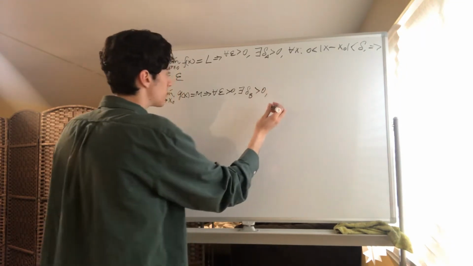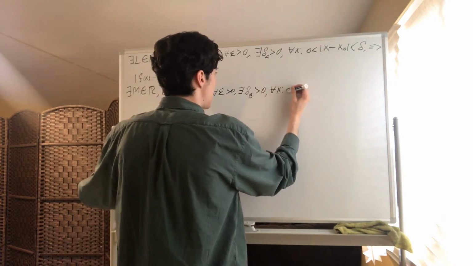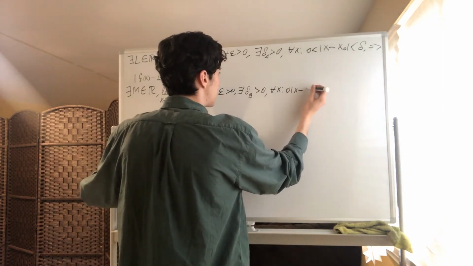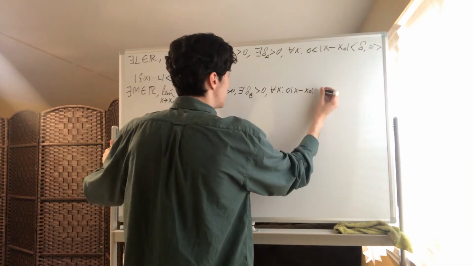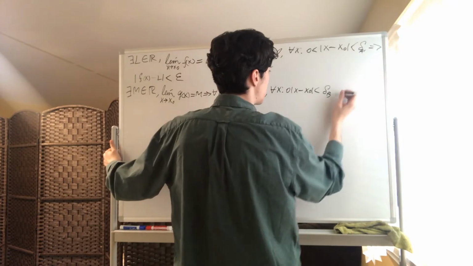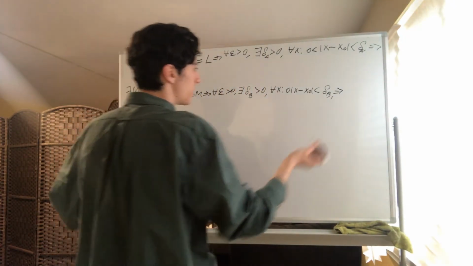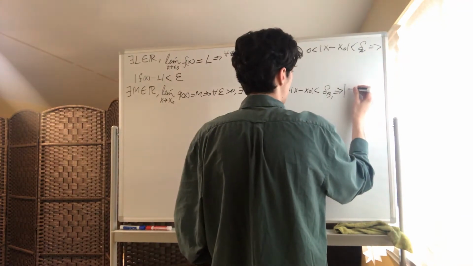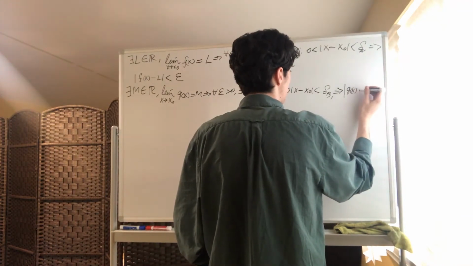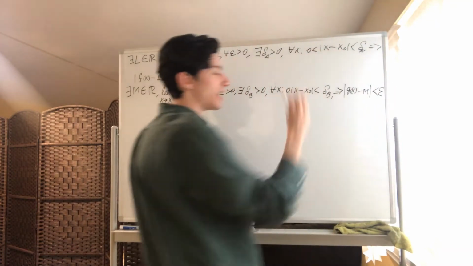It's also greater than 0. And then whenever x is within delta b of x naught, in this case it's delta b, in the first case it was delta a, there is an implication here. And I'll just make sure to write this here, that the absolute value of g of x minus m, the distance between those two, is less than epsilon.